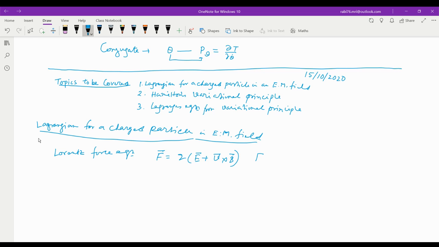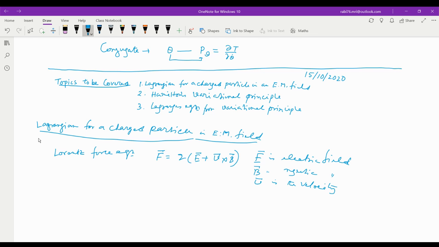Right? You know E is electric field, B is magnetic field, right? And V is the velocity of the particle.